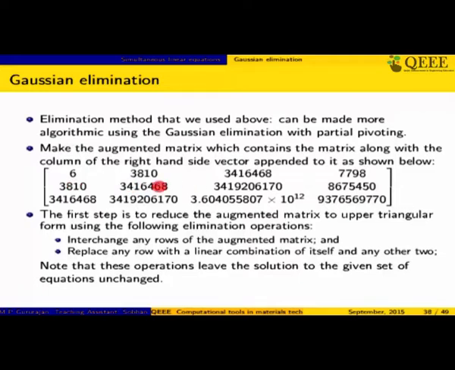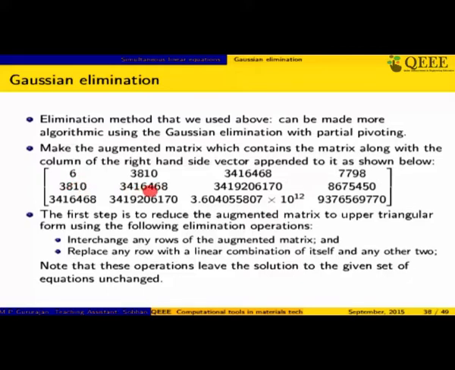And whatever diagonal term comes at the A22 position, you can make it 1 by dividing all the terms by it. So you can initially replace it by making sure that this term is 0, because if you divide this by 6, this becomes 1. If you divide this by 3810, all of them, and subtract it and put it here, then because this is 1 and divided by 3810, this becomes 1, so this becomes 0.